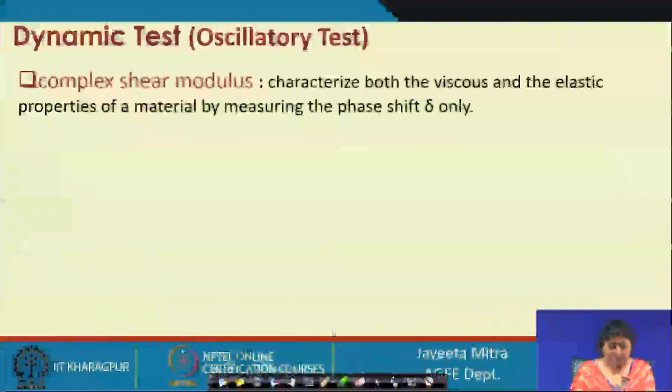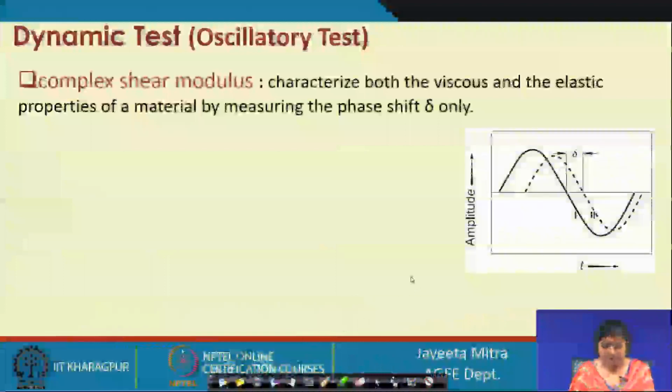So, coming to the complex shear modulus. It characterizes both the viscous and the elastic properties of a material by measuring the phase shift delta only. Why this complex shear modulus?